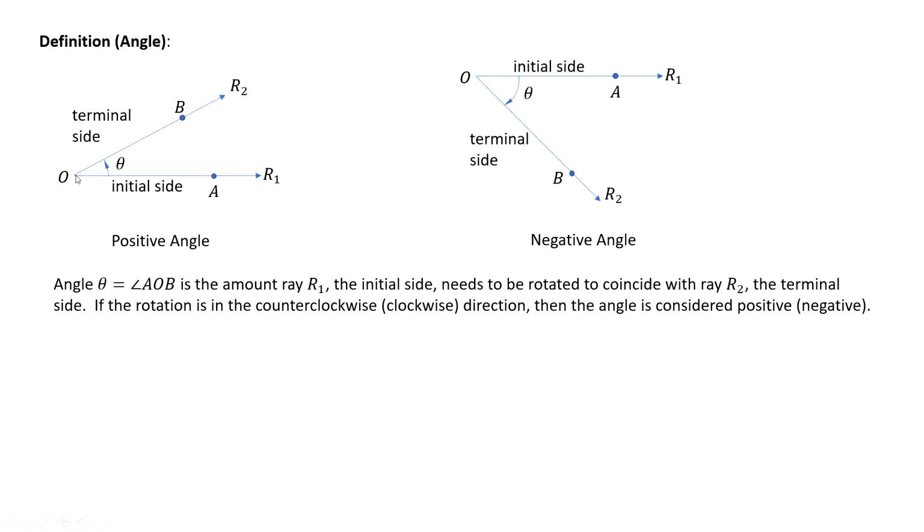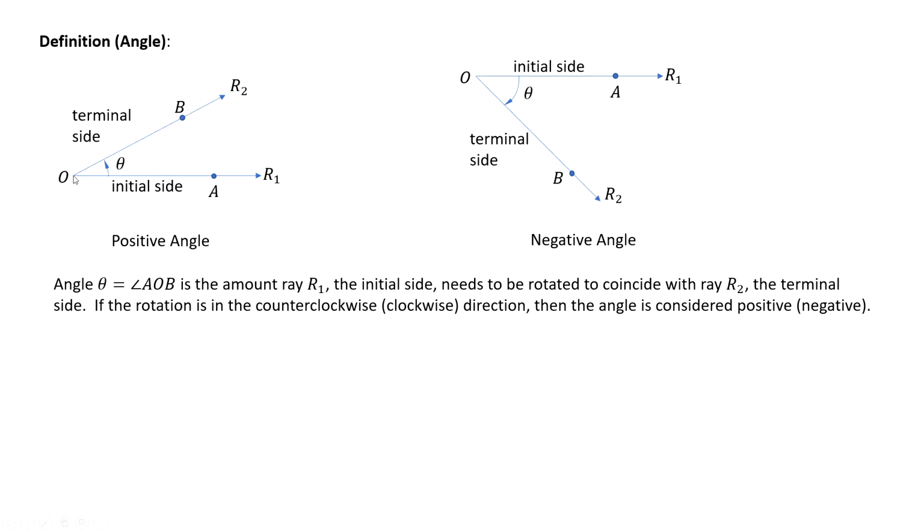First, let's say we have a ray R1. You remember lines, rays, segments, those are the things that you learned in high school geometry. I'm sorry, I said geography earlier; high school geometry. So we learned about rays.